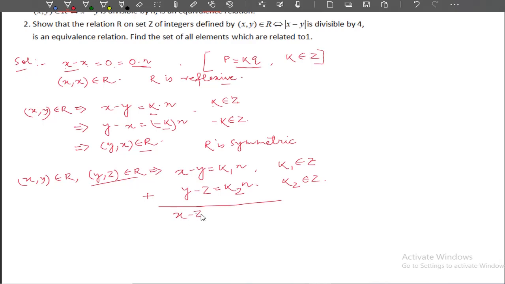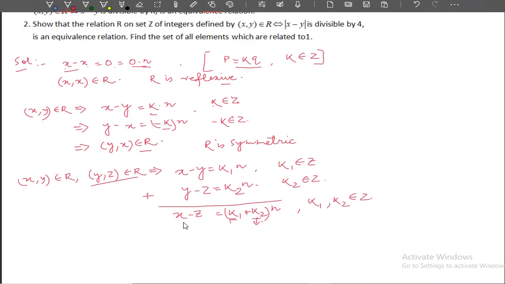That will be x minus z equals k1 plus k2 into n, where k1, k2 belong to Z. Now k1 is an integer, k2 is another integer, k1 plus k2 will also be an integer.